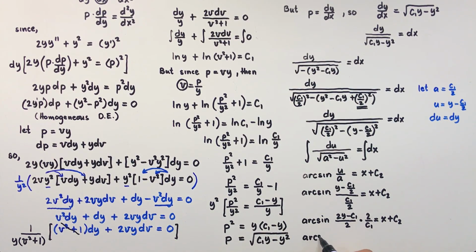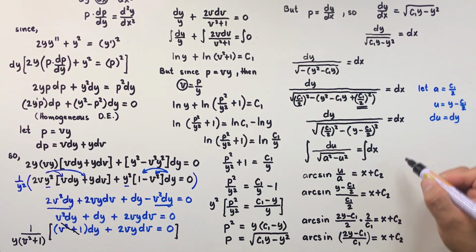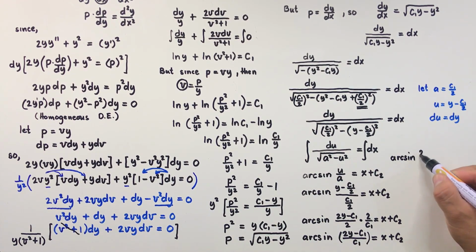So arc sine of 2y minus c sub 1 over c sub 1, which is equal to x plus c sub 2. And simplifying this term here, we have the arc sine of 2 over c sub 1 y minus 1, this term, which is equal to x plus the constant of integration c sub 2.